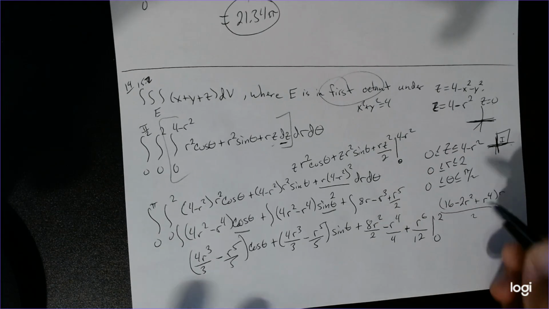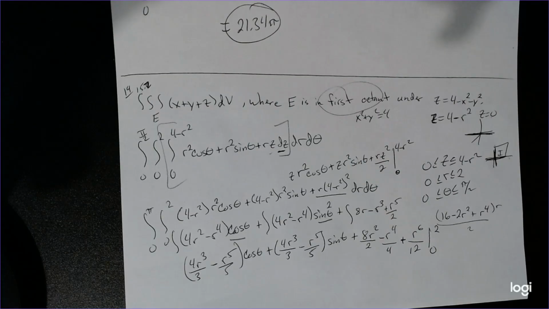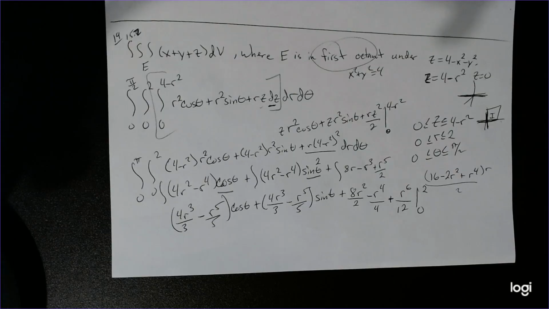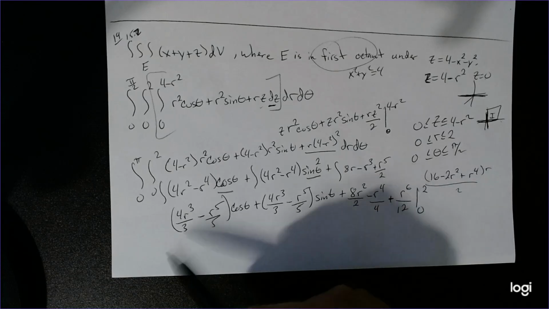Okay, all evaluated at 0 and 2. Oh boy. This is a mess. Okay, so I did this a little bit in advance. Now I'm thinking maybe I should just do it, but it's okay.